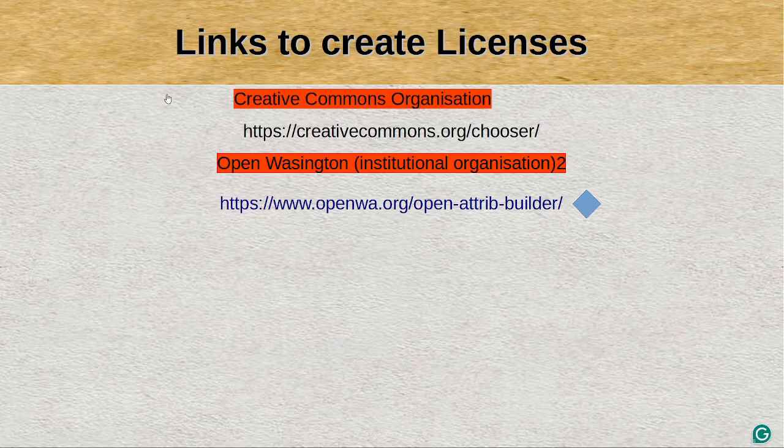Here you can see the organization providing licenses, that is the Creative Commons organization, and this is the web platform that provides all the CC licenses. Here I have given the link to go to that platform.